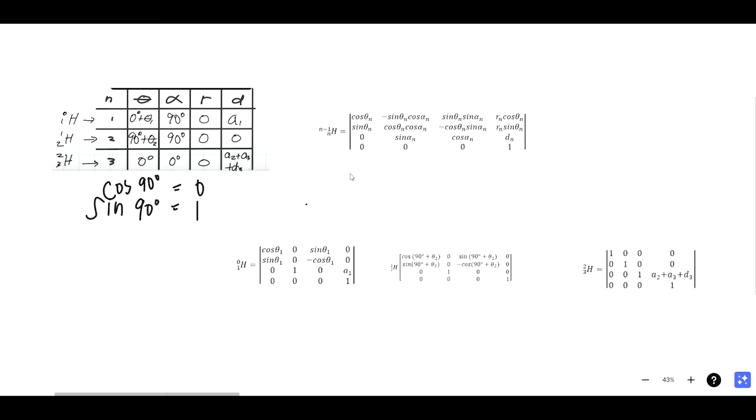Cosine 0 is 1 and sine 0 is 0, which explains why there are no more cosine and sine equations in H23, since they are either 0 or 1. And notably, our d value is a sub 2 plus a sub 3 plus d sub 3 based on our table.